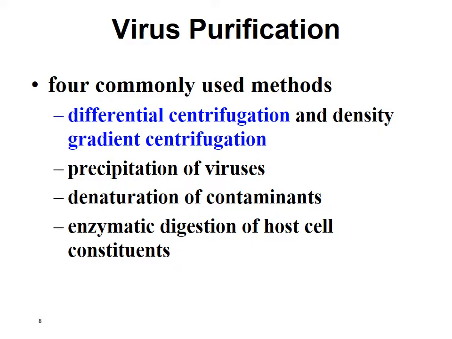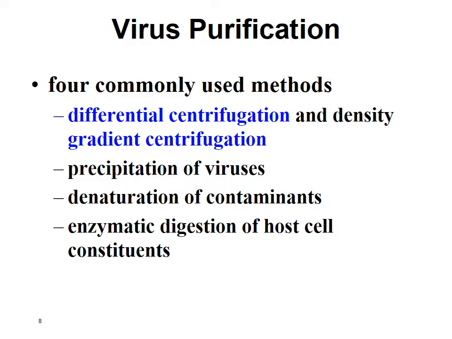So differential and density gradient centrifugation are often used to first separate the virus particles from the infected host cells. In differential centrifugation, cells are first disrupted in buffer, then centrifuged at various speeds to separate particles of different sizes. First, they're centrifuged at 100,000 g to sediment the virus particles and the heavier organelles.